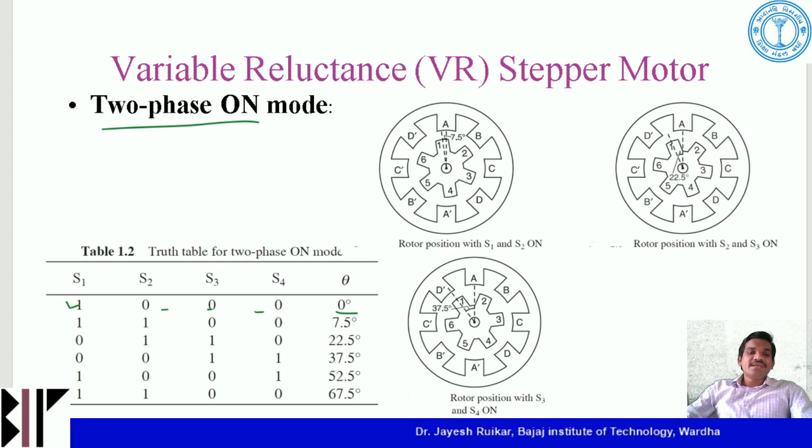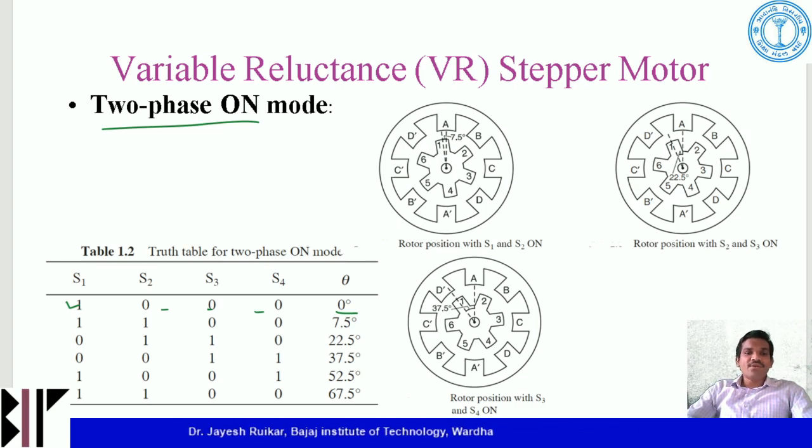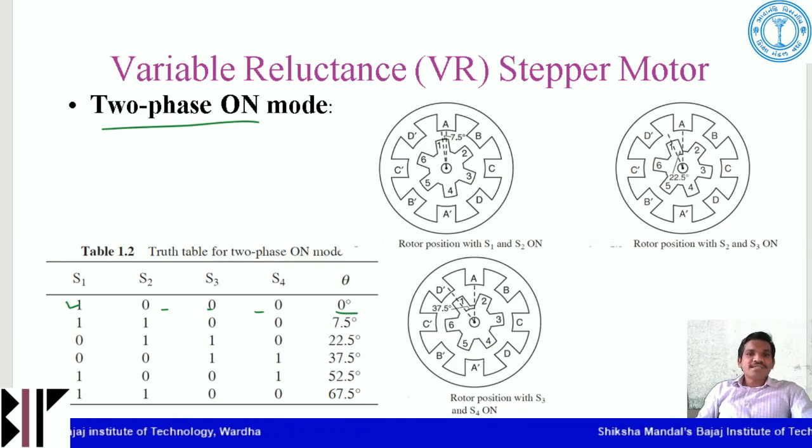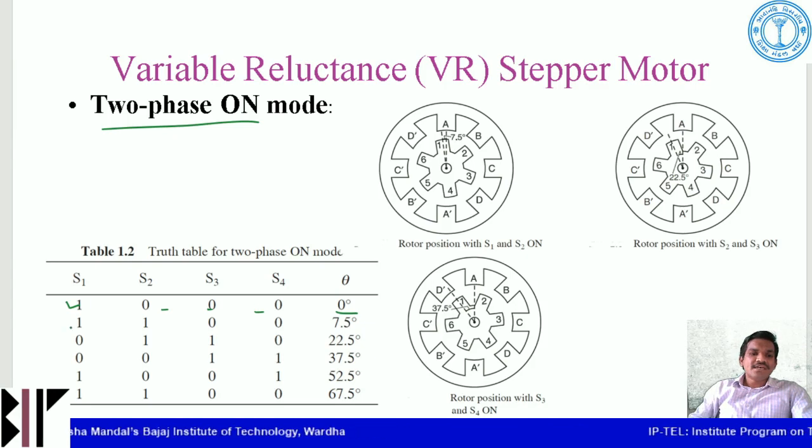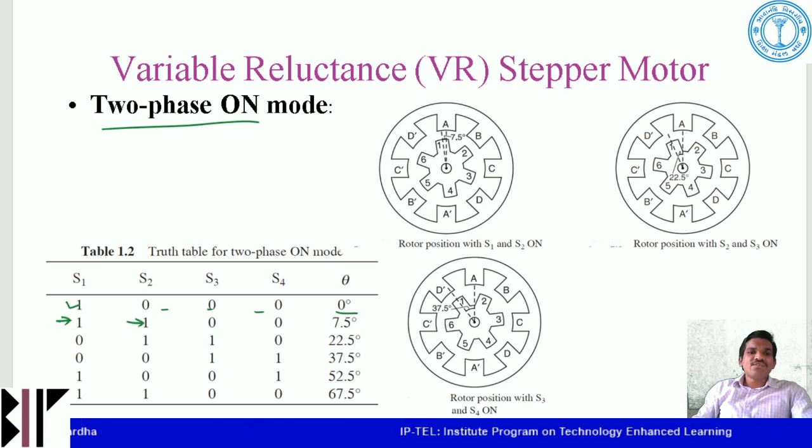In the next step, when we close or switch on S2 along with S1, S1 is on and S2 is on, this is the second condition, whereas S3 and S4 are off.